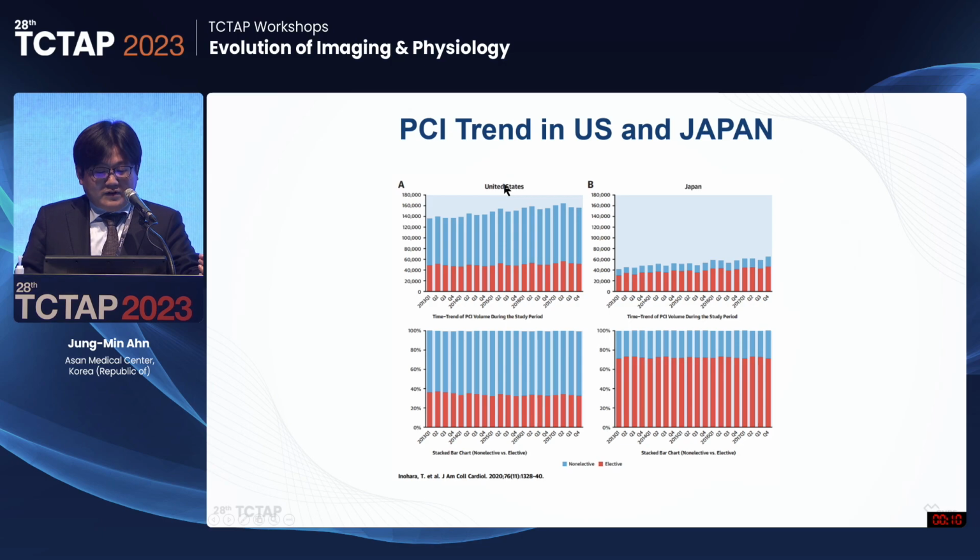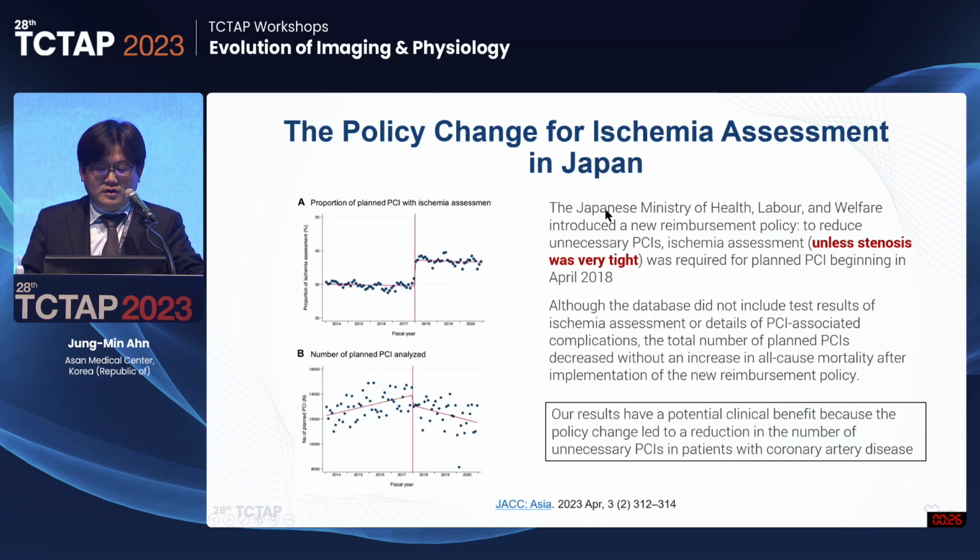They did an evaluation to compare the Japanese trend and the United States trend. In Japan, over the last several years, elective PCI increased, but in the United States elective PCI decreased. So the Japanese Ministry of Health, Labour and Welfare introduced a new reimbursement policy to reduce unnecessary PCI.